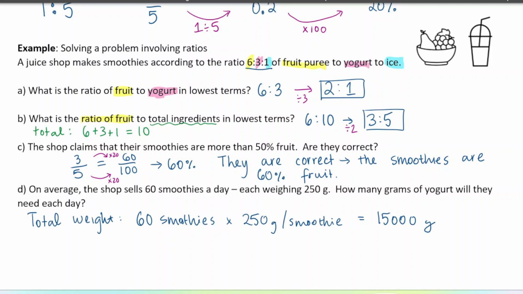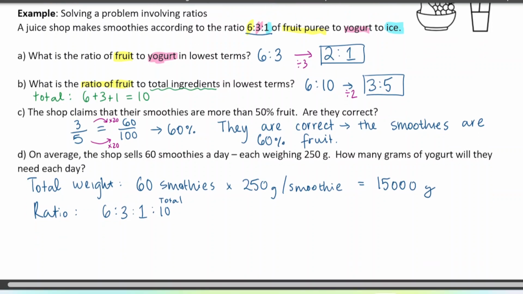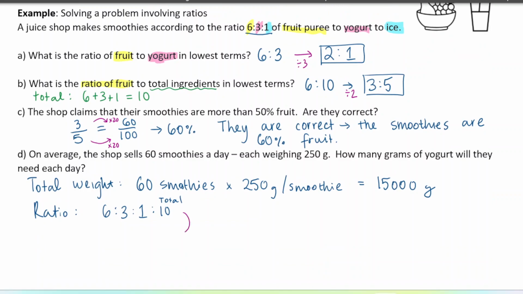And in the original ratio of the ingredients, it was 6 to 3 to 1. And the total was 10. I'll write the total here. So if I want to convert this so that the total is 15,000, all I would want to do is just multiply every single term by 1,500.